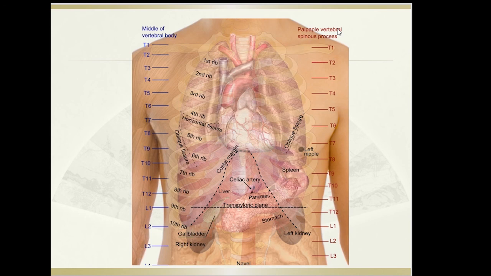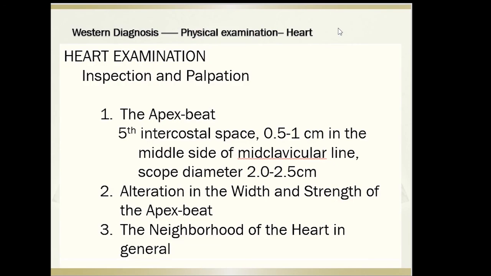Both inspection, meaning we can see it sometimes. I must say not everybody, you can see it. Some patients you may see it, but you should use palpation. It should normally be located in the fifth intercostal space.